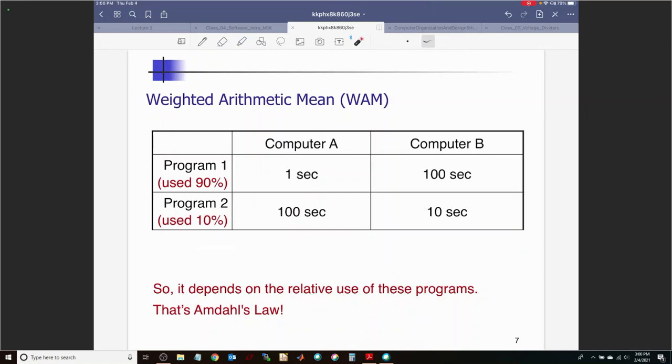If you improve a certain aspect of your computer design, the factor of improvement depends on how much time you're actually using the improved part. If you improve something and don't use it very often, then you don't really gain much. That's exactly what this is talking about.